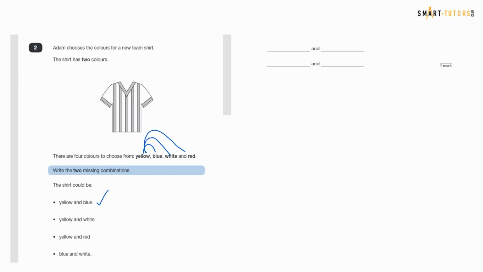We have yellow with blue, white and red all done, and blue with white is already done. So why can't we do blue with red? Okay, so now we've got blue with red. Why can't we do white as well? So why can't we do white and red, or maybe white and blue?